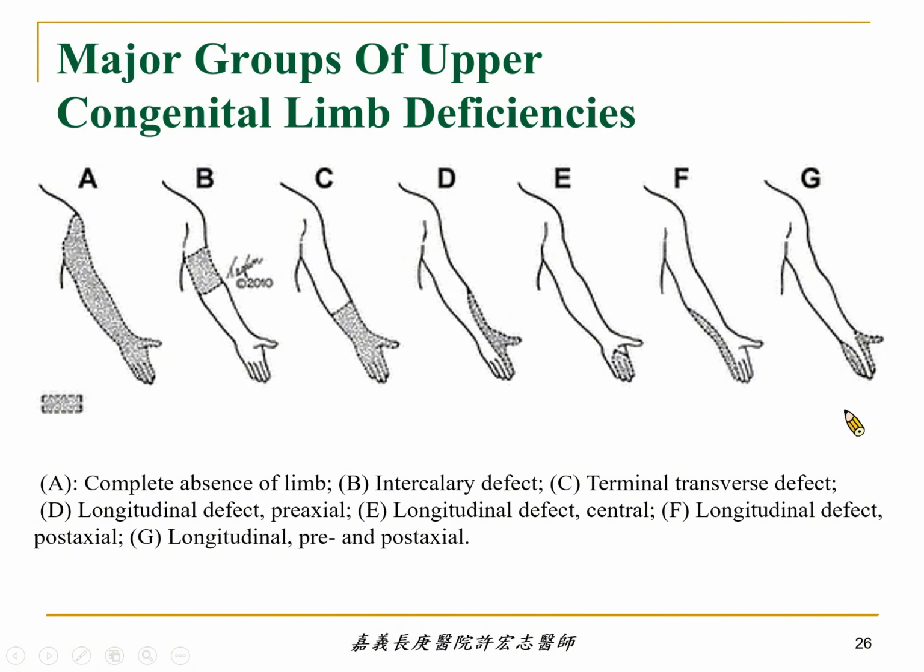We can also say it has a rudimentary third finger, where only the third finger, the middle finger, remains. So these are the major groups of upper congenital limb deficiencies.